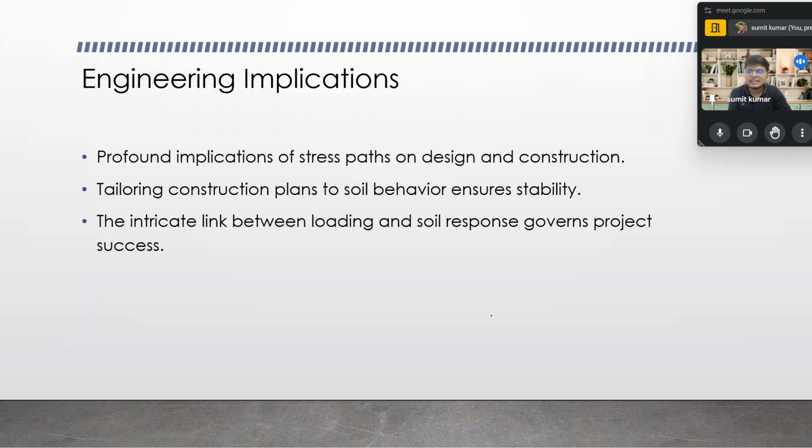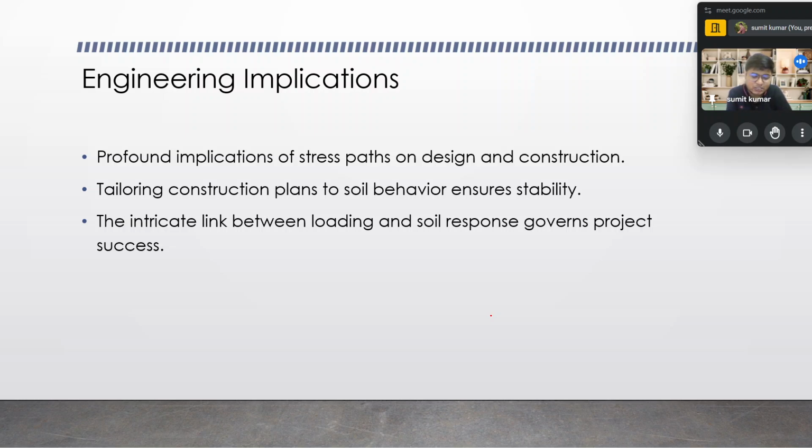Okay. And when we talk about some more implementation in the field of engineering, we say that the profound implementation of a stress path on the design and the construction plans to the soil behavior ensures stability, and the link between the loading and the soil response governs the project success.